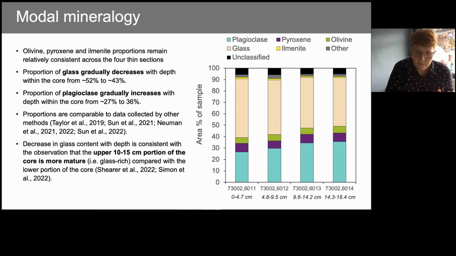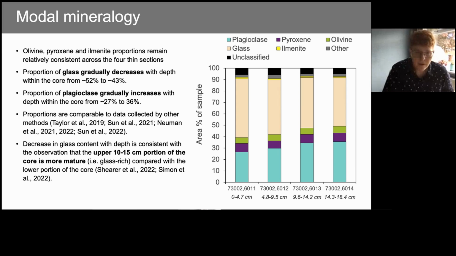In terms of how our proportions and percentages compare to other data, they're very comparable to other methods that have looked at these samples as part of other projects within the ANSA programme, and also comparable to other soil samples that were collected at Station 3.